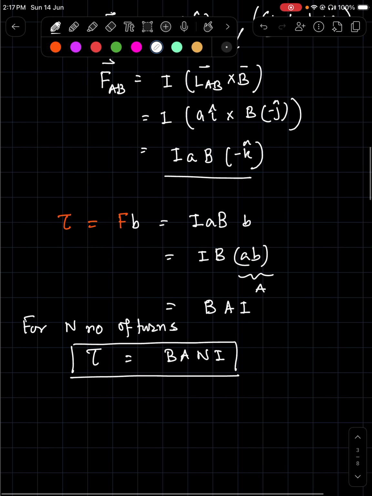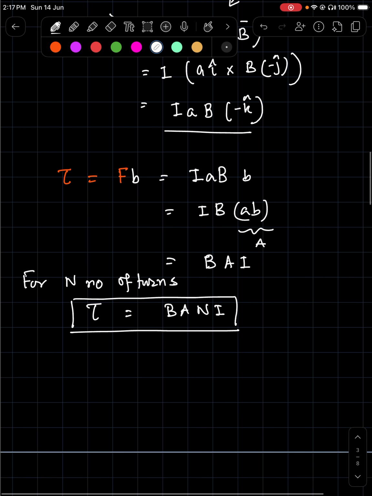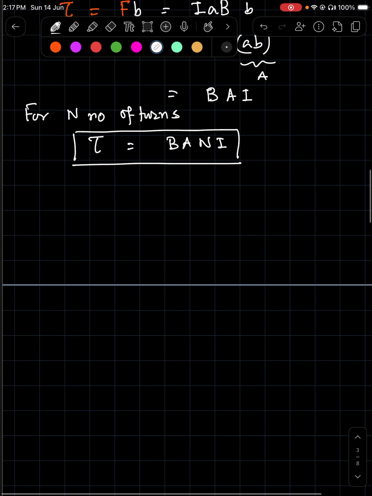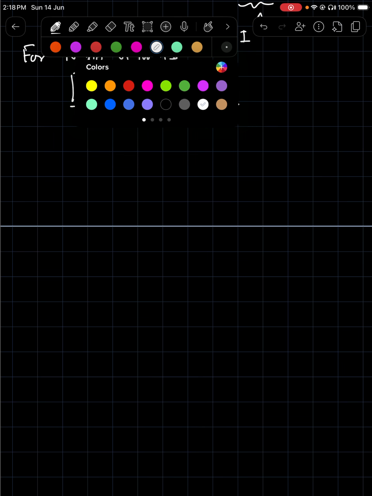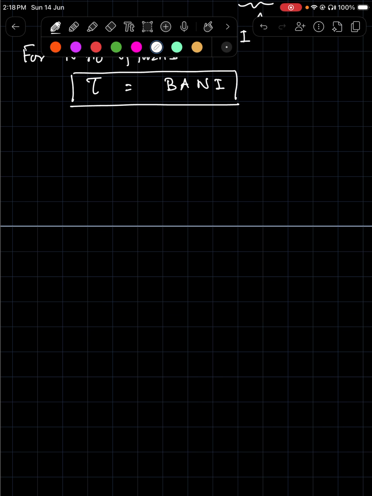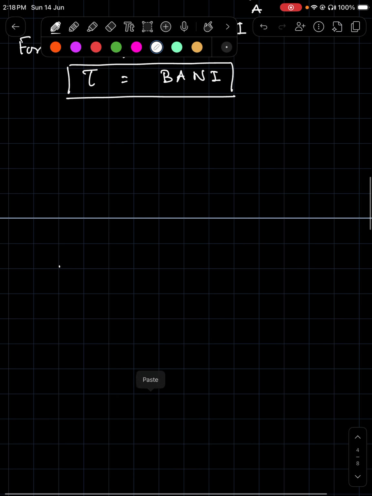Okay. But now we are going to take a more general case where the plate is not parallel to the magnetic field. So I'm going to draw the picture again from the front view. So this is the magnetic field. But now the plate is slightly tilted with the magnetic field.